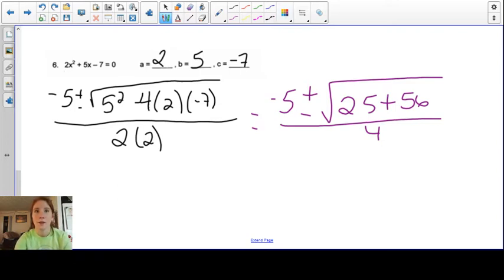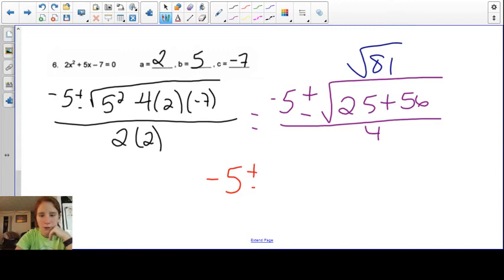Go ahead and add those two together. You should get the square root of 81. So I have negative 5 plus 9, because the square root of 81 is 9, over 4.